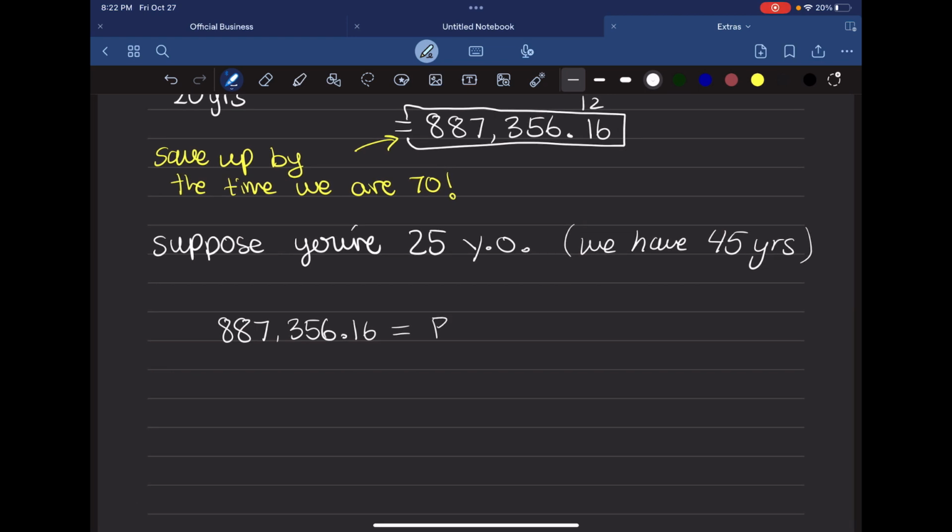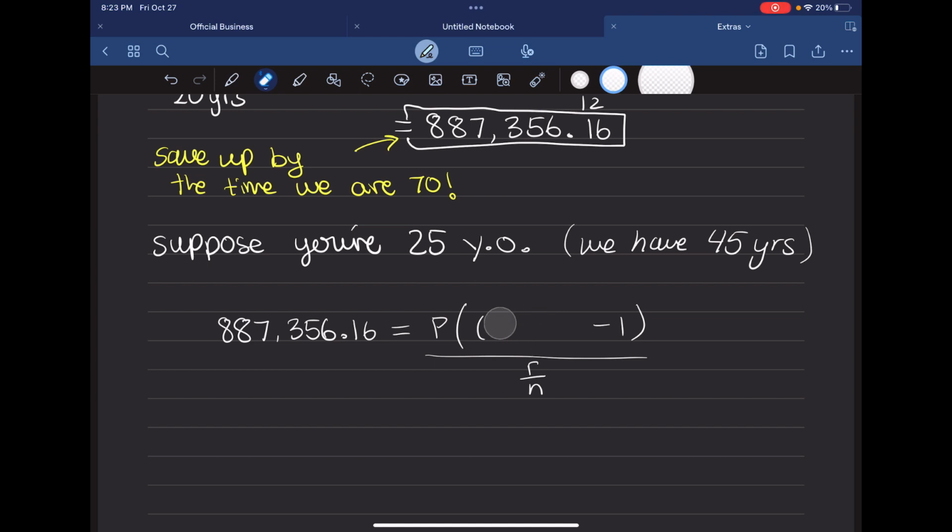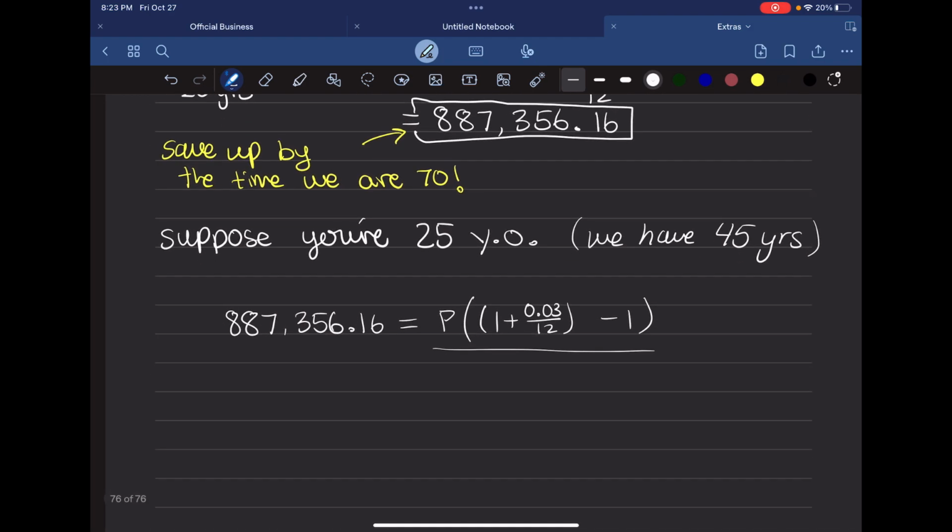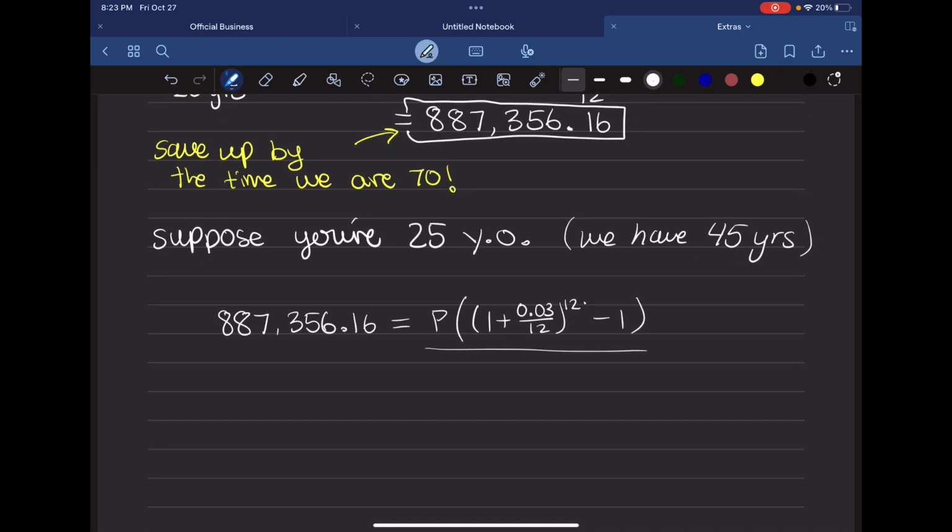We don't know what we are depositing each month, so we just put P. And then we have 1 plus R over N raised to the NT minus 1 divided by R over N. And so we can just plug in R and N and T. So I've got R is 0.03, N is 12. We're doing this for 45 years, so we have 12 times 45 as our exponent. And then in the denominator, we have 0.03 divided by 12.